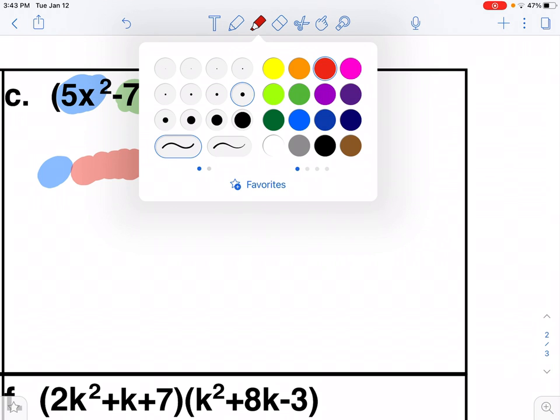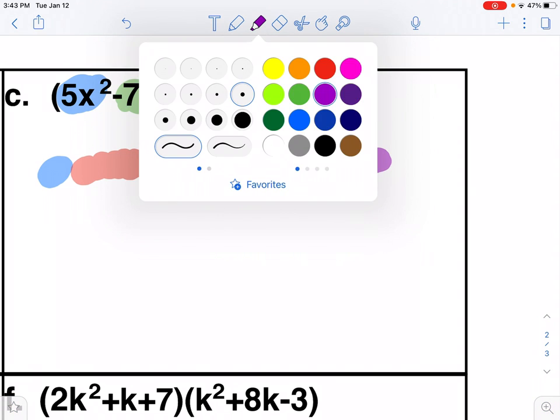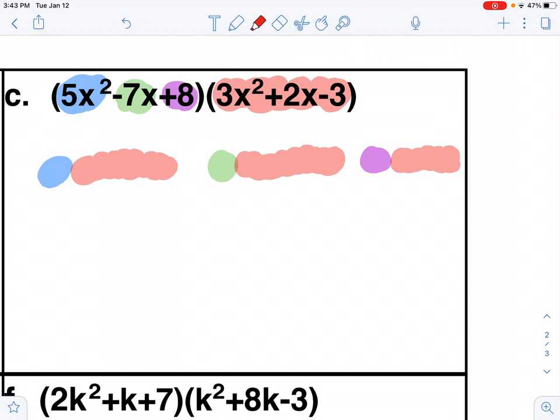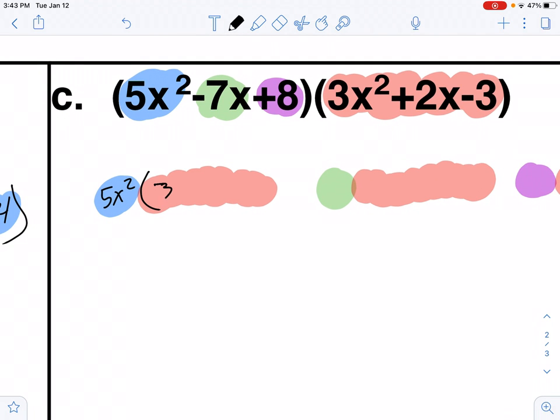And I'm doing 8 times everything that's in red. So I'm saying 5x squared times all this.